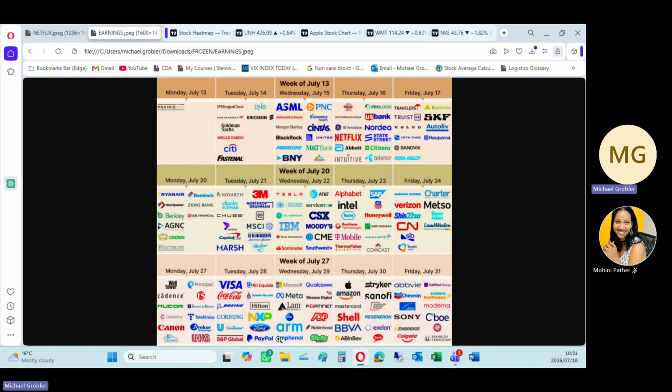Microsoft, a Dow company. Amazon's a Dow company. So you've got a number of these companies coming out next week or the week afterwards. This is the beginning of earnings season that's just passed, and now for the next 2 weeks we're going to get the big boys. So it will be such an interesting and dynamic time.